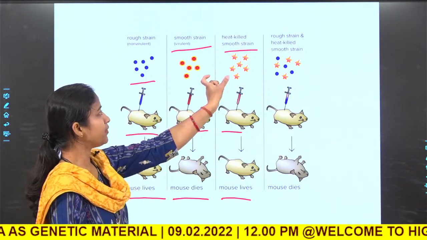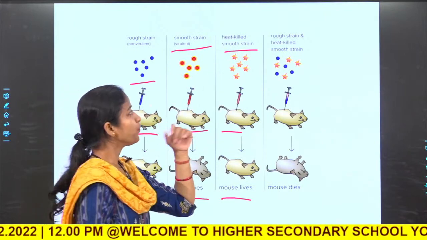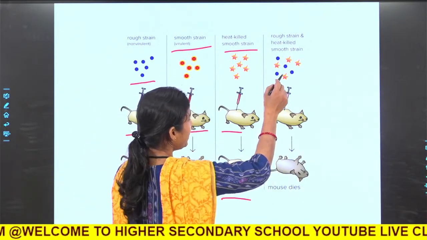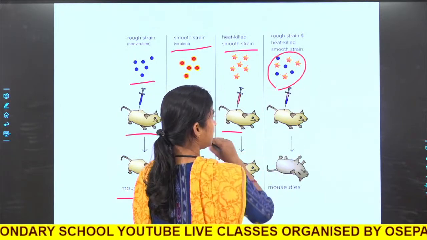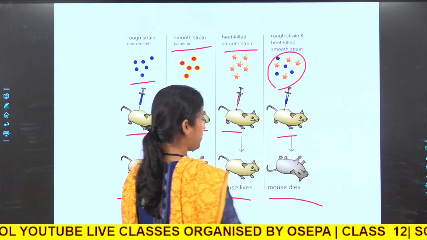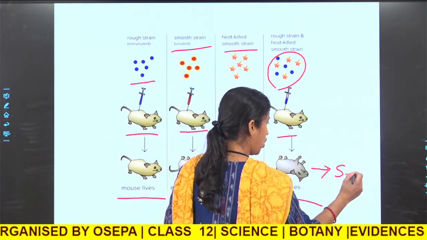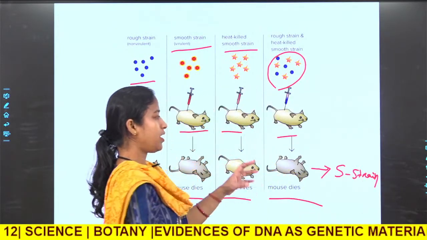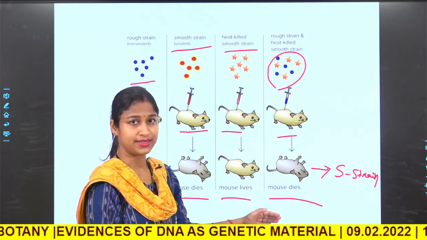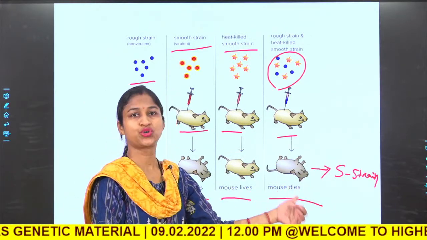Now you see the difference between a smooth strain and a heat-killed smooth strain. When the rough strain and heat-killed smooth strain are injected together, the mouse dies, and from the blood sample of all the dead mice he found that S strains were present in the bloodstream. Okay.